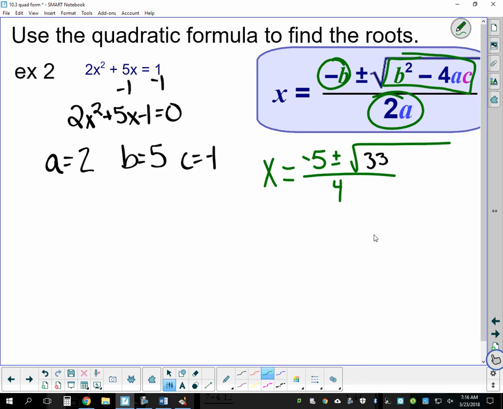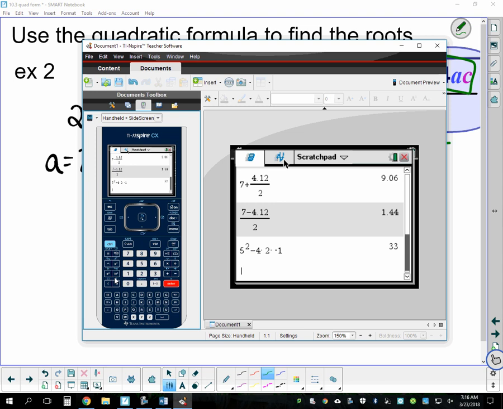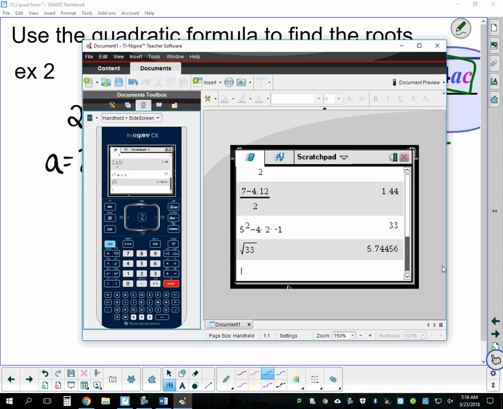All right, let's calculate the square root of 33. And we get 5.74.